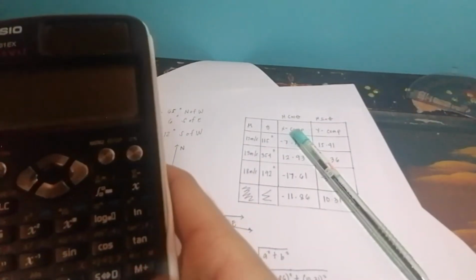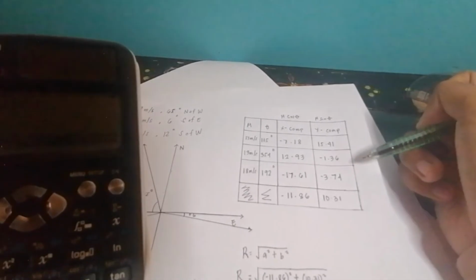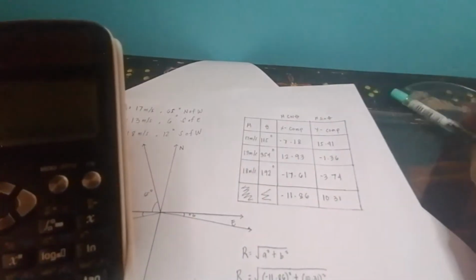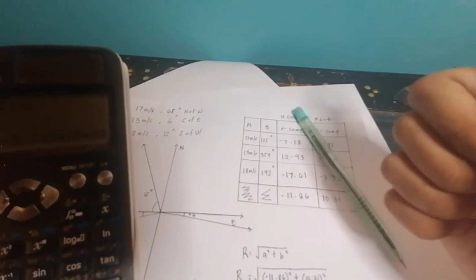The second one is 13 sine 354, which is negative 1.36. And the last one is 18 sine 192, which is negative 3.74. Are you okay? Okay? Good.